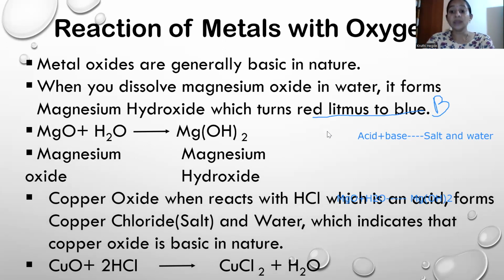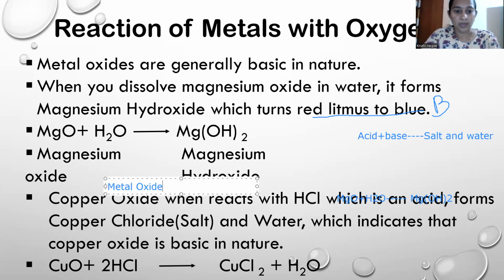I also said there is another way, by making metal oxides react with acid to produce salt and water, right? So here they have taken a metal oxide, copper oxide. This metal oxide reacts with HCl.